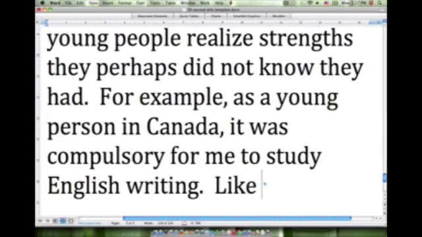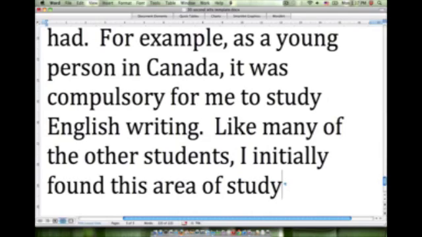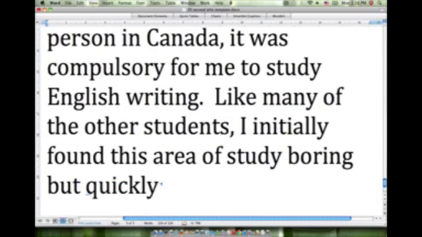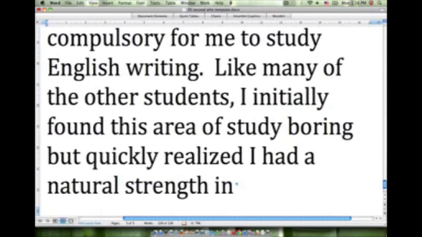And now let me point out that like many of the other students, I initially found this area of study, perhaps even use the word boring, but quickly realized I had a natural strength in this.